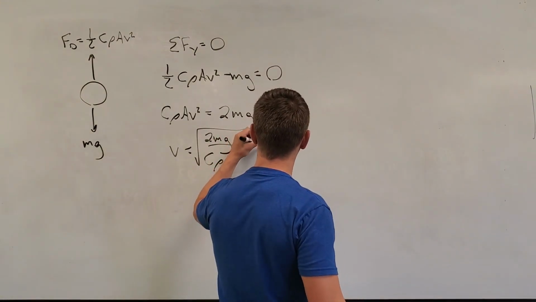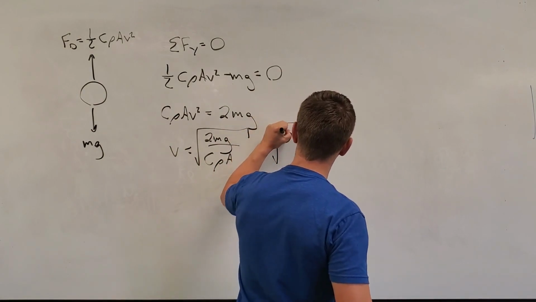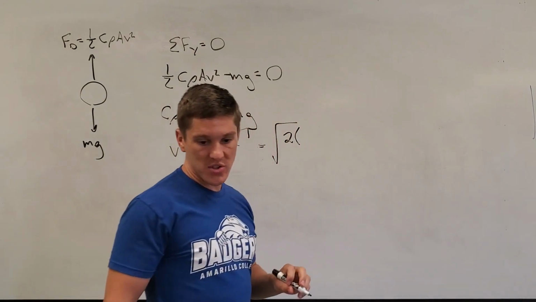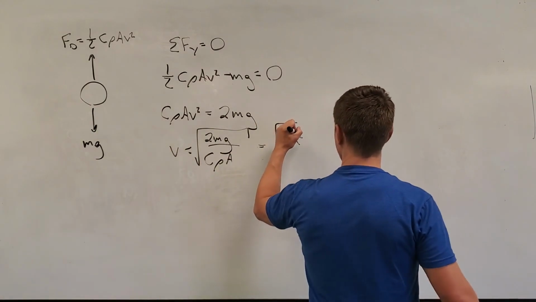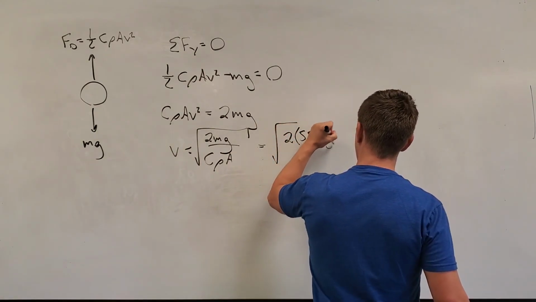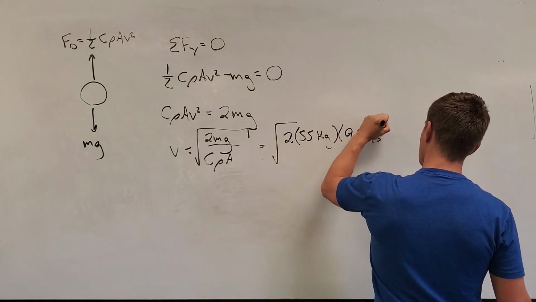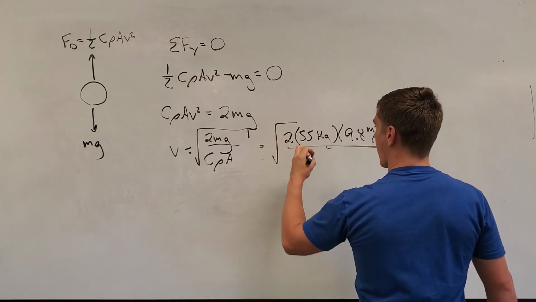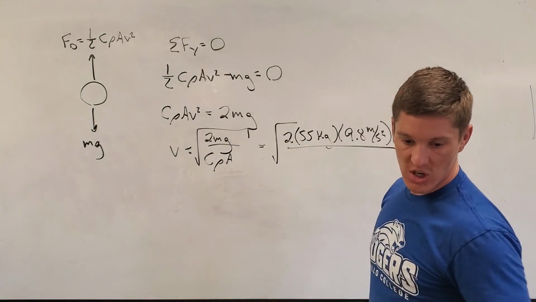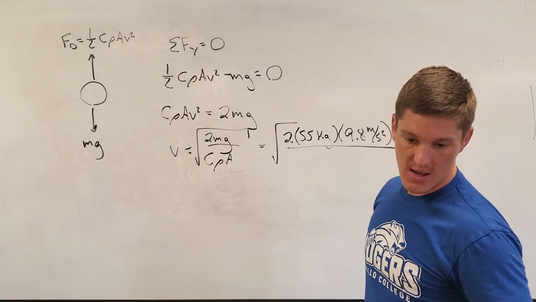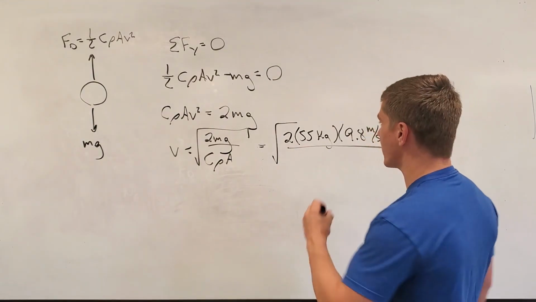So this becomes the square root of 2. The mass of the skydiver was given to be 55 kilograms. Gravitational acceleration is 9.8 meters per second squared. We have the drag coefficient given for the skydiver to be 0.7.